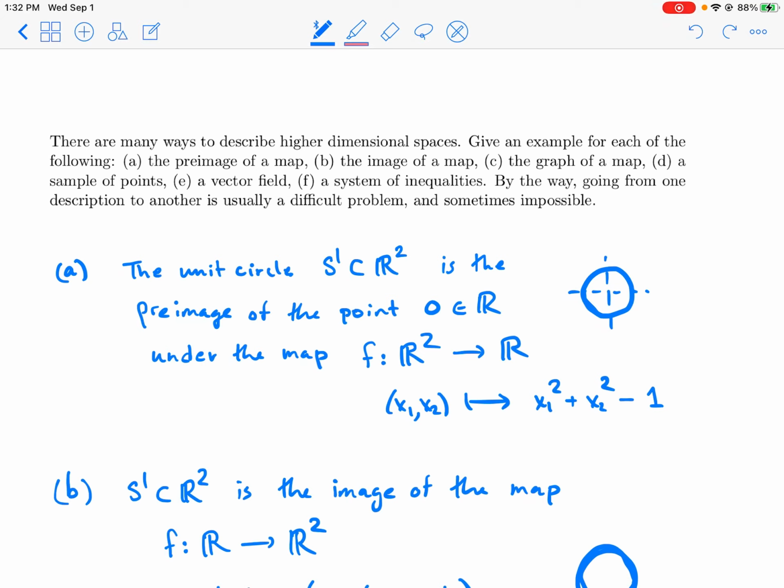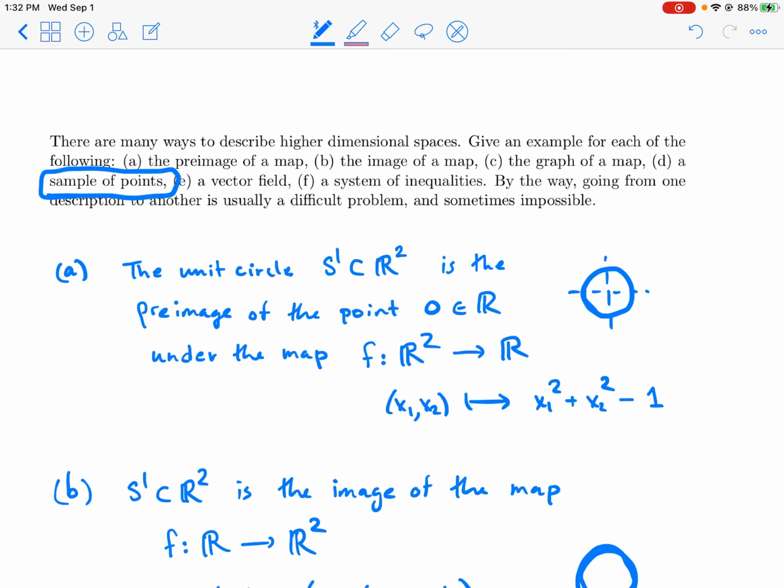And now D, a sample of points. This is actually one that would come up in reality, because when you're taking measurements, you're performing experiments. You'd have a finite amount of experiments, and that means you have a finite amount of points. And those points are usually in some R^n.